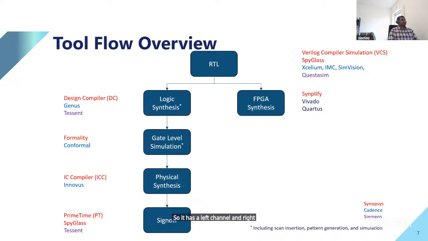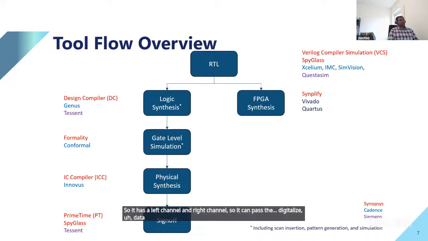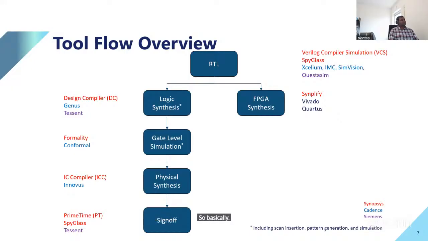It can pass digitized data for the left channel for some time and the right channel for some time, and it keeps on doing that. So basically, you can treat that as a protocol made by Philips especially for audio signal transmission.